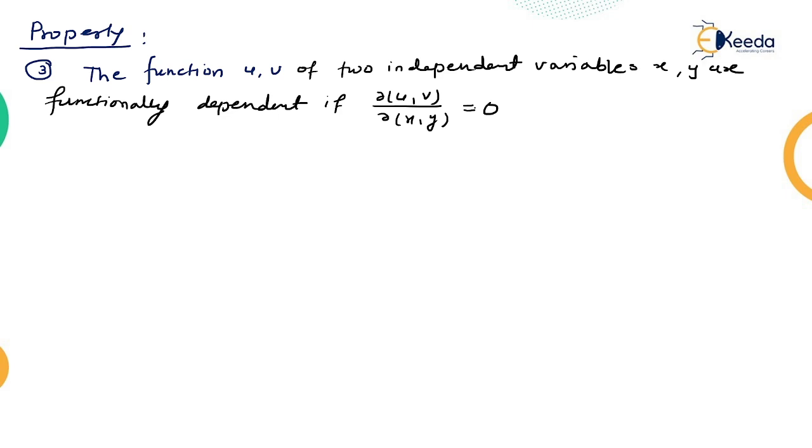This is very important. The functions u and v of two independent variables x and y are functionally dependent if and only if the Jacobian equals 0.